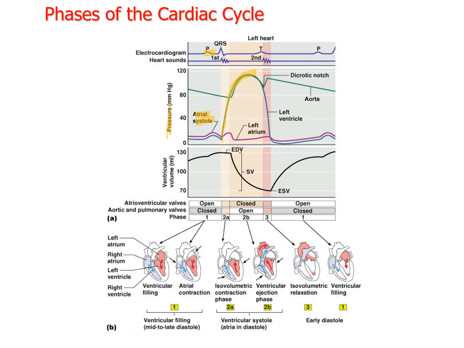The semilunar valves open and blood gets ejected out of the ventricles, and so the pressure is released and it comes down. And then you get that closing of the semilunar valves. So right here is the end of diastole.